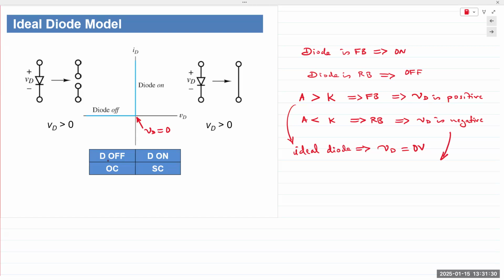In that case, for an ideal diode, no current flows through. It's an open circuit. ID, the diode current, is equal to 0.